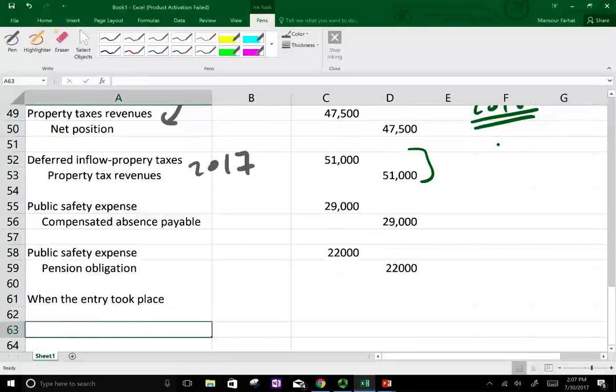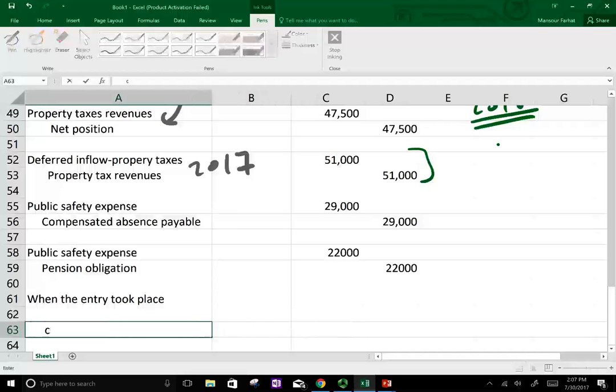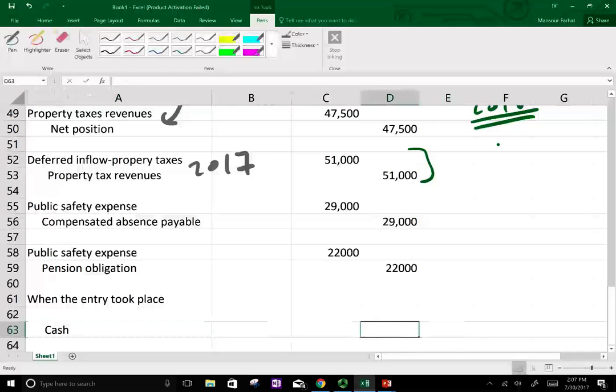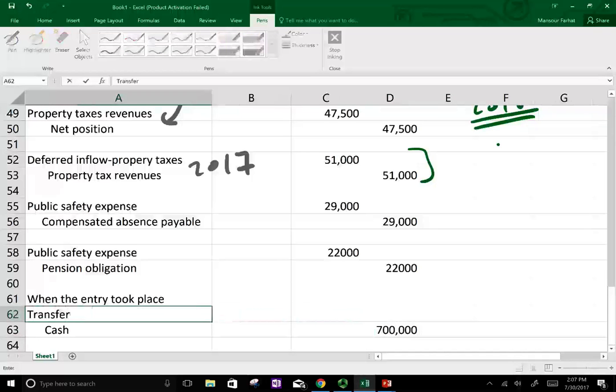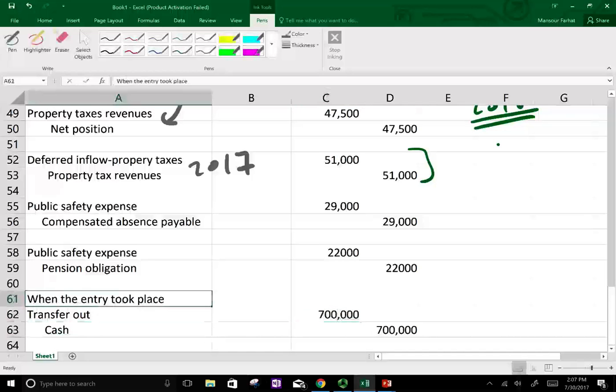In total they credited cash $700,000 and debited transfer out $700,000. This is the general fund.